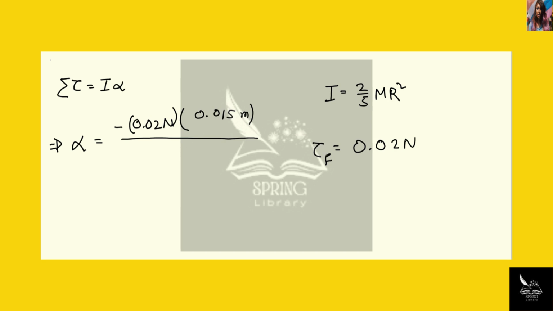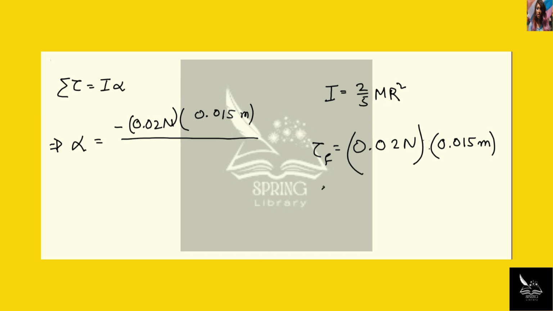And the reason we're multiplying this is because we're given the frictional force. So this is really torque. Torque is really frictional force times the radial vector, which is 0.015 meters. So this is just a multiplication, it's not a cross product. So we'll just multiply one with the other.